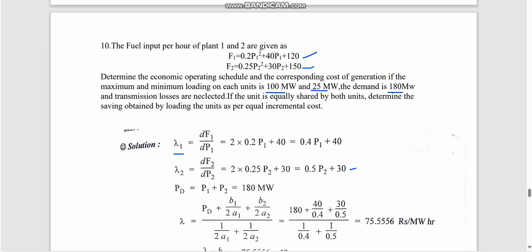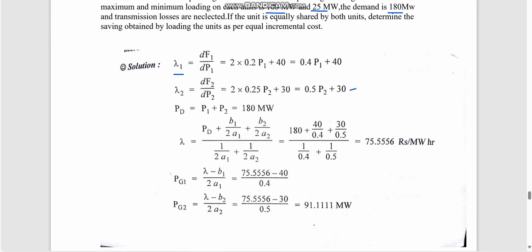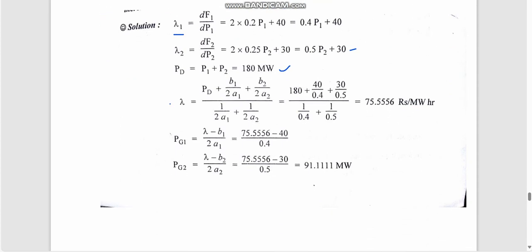Next, demand equals P1 plus P2 equals 180, as given in your problem. From that formula we find the value of lambda. We already know the formula. Just substitute the values and you find lambda as 75.55. If you find lambda, you will get 5 marks.